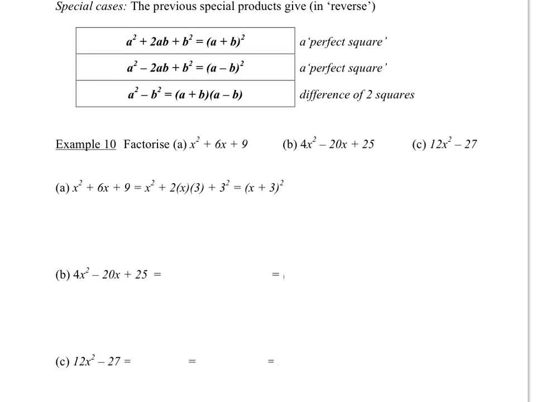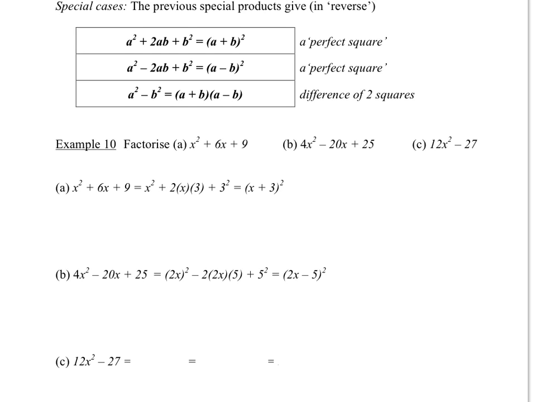The second one, if you rewrite it like this, looks a little bit like this second example here, but with a equal to 2x and b equal to 5. So, since that's the case, it's going to be 2x minus 5 all squared.